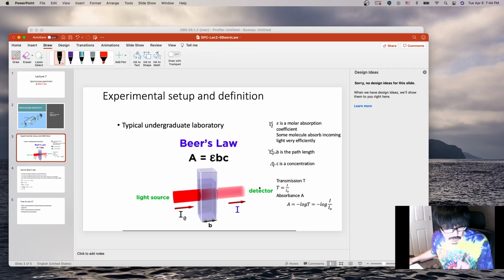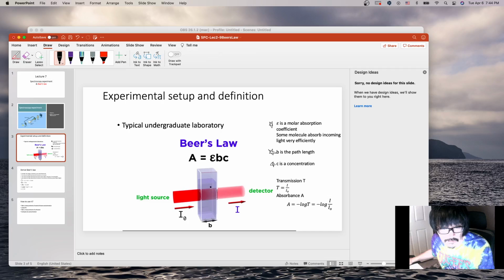And what's absorbance? Before I talk about absorbance, I'm going to talk about the transmission. The transmission coefficient T is given by I over I naught. I naught is the intensity of incoming light, and I is the light that passes through the sample. So this is more or less the percentage of light that goes through that sample.